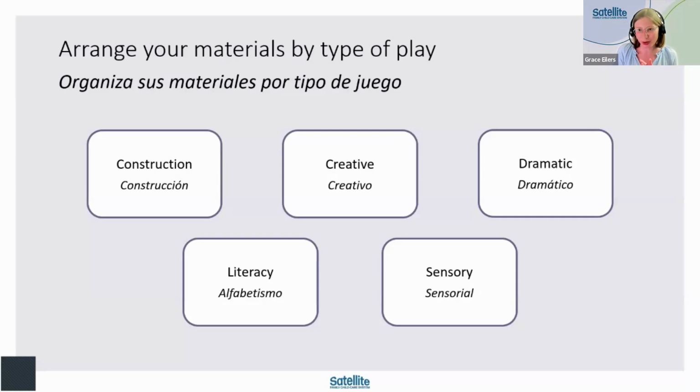Again, this is just one way to organize your space, and I will send in a follow-up email to this event more resources to give you even more ideas on how to organize your materials into play areas. But for the purposes of today, we are going to focus on these 5: construction play, creative play, dramatic play, literacy play, and sensory play.